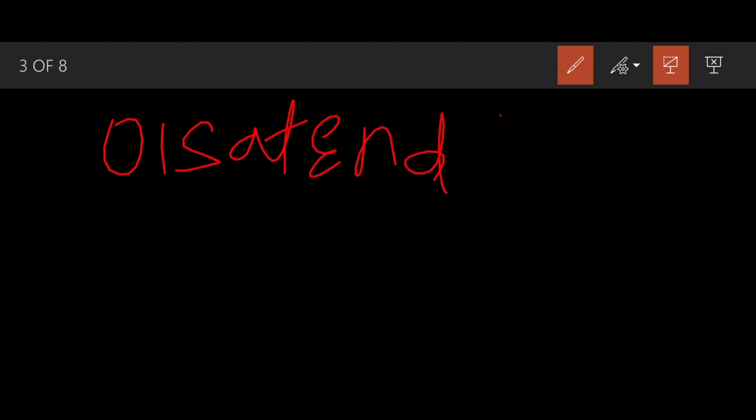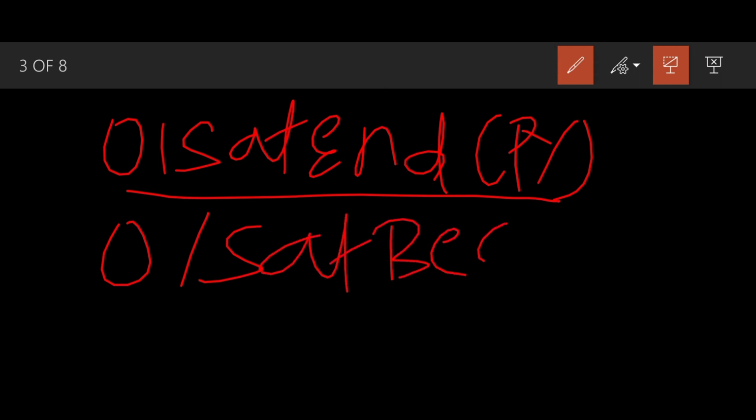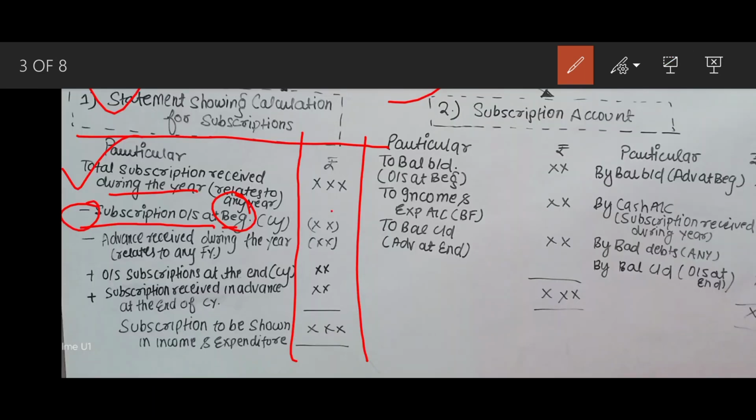There might be a trick in the question where it gives you the outstanding at end but for the previous year. These are one and the same thing, whether you say outstanding at the end of previous year or outstanding at the beginning of current year. This is the same thing, not different. Okay, now you have deducted this amount here.